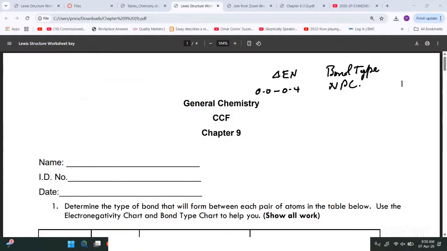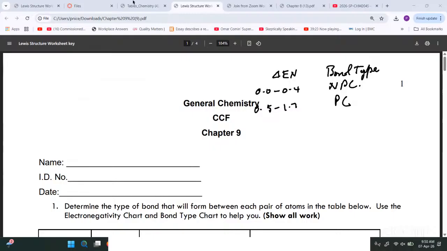Now, if the difference in electronegativity ranges from 0.5 to 1.7, then that bond is considered polar covalent, meaning the electrons are shared unequally between the two atoms. For example, oxygen bonded to fluorine. Let me go back to the table.